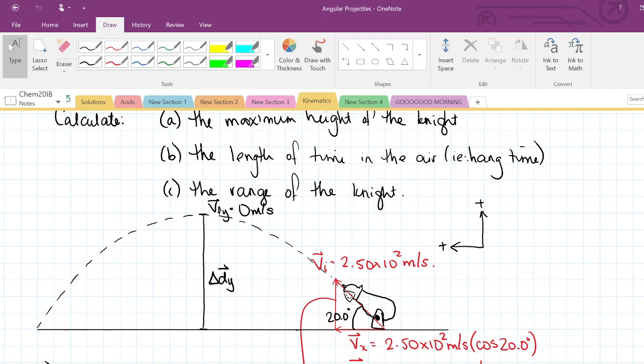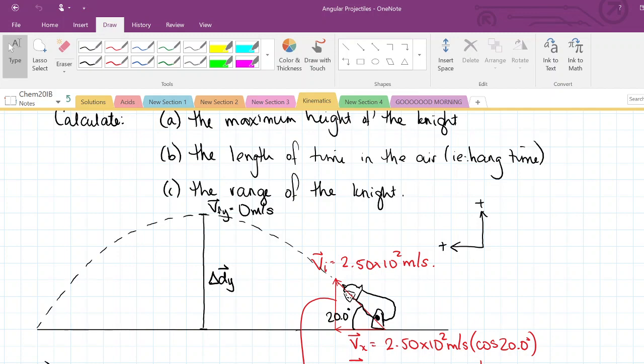So that means that because the knight is accelerating at 9.81 meters per second up, and it's accelerating at 9.81 meters per second down, the rate of the knight slowing down is equal to the rate of the knight speeding up. And if that's true, and the knight is stopping its path at the same spot that it started its path, that means that the time down is going to be equal to the time up.